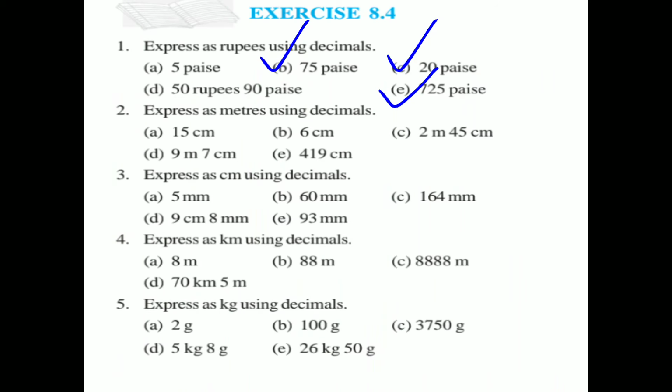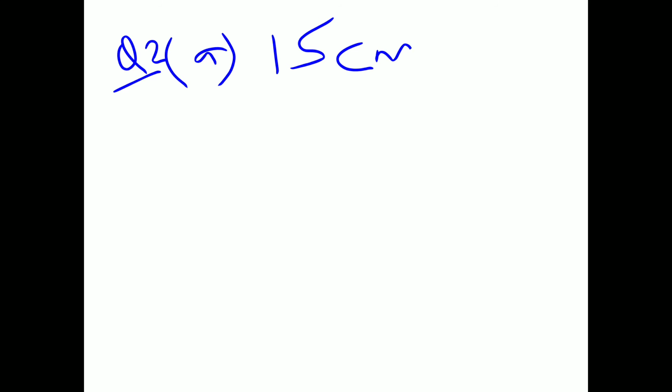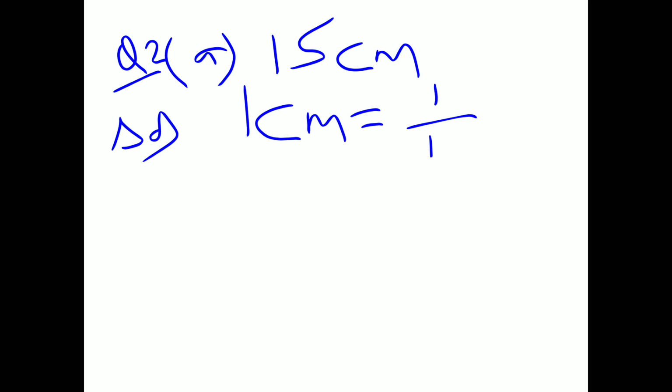Now I do question 2. It is the same as question 1 only. Express as meters using decimals. Clear? So 1 centimeter is equals to 1 upon 100 meter. So see how. Question number 2, A part and D part, here also I do. The rest of the parts you have to do by yourself. 1 centimeter is equals to 1 upon 100 meter.